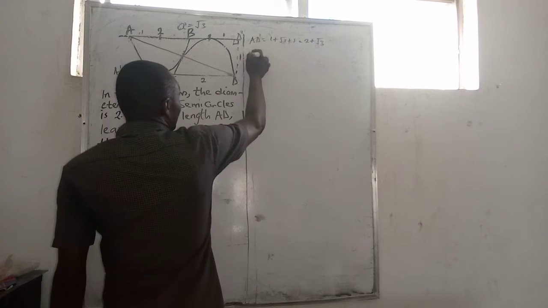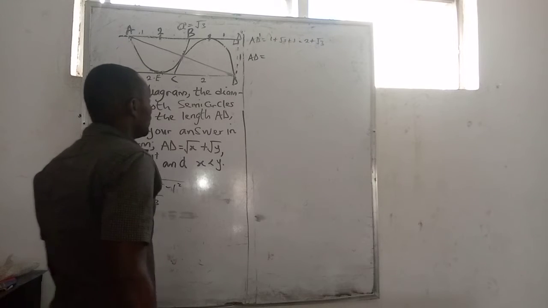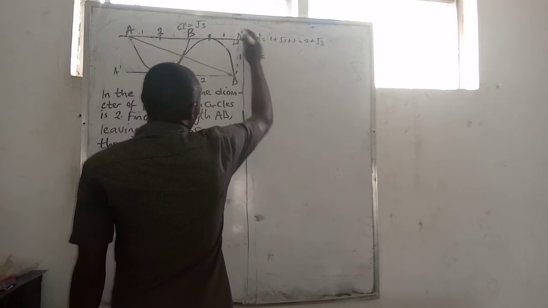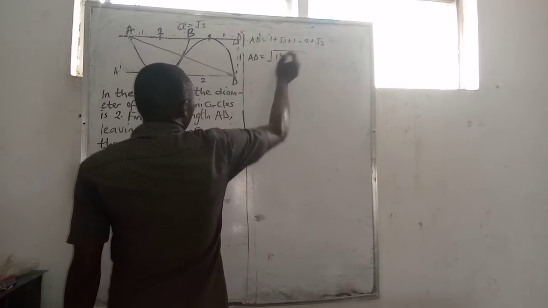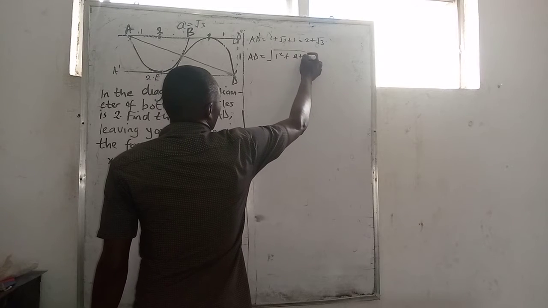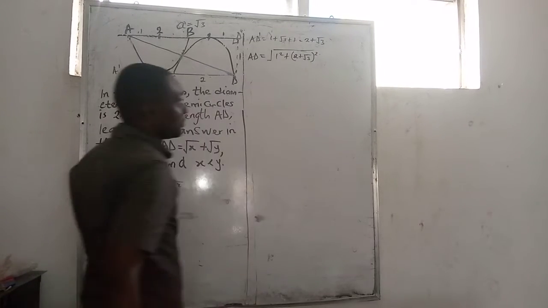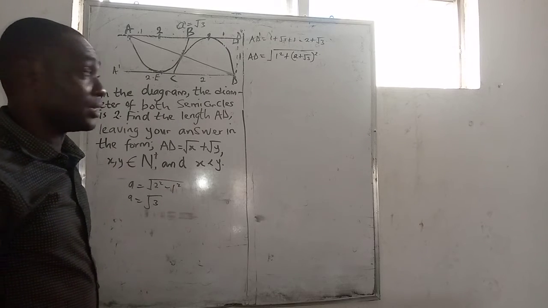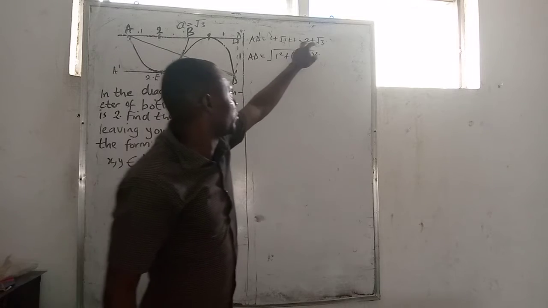So AD, remember this is AD prime. AD equals square root of 1 squared plus 2 plus root 3 squared, because the length of AD prime is 2 plus root 3.